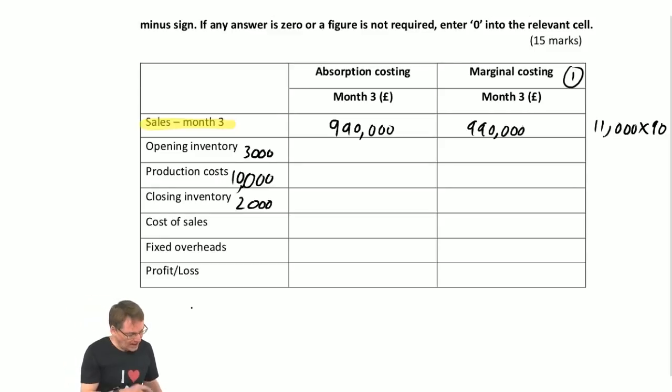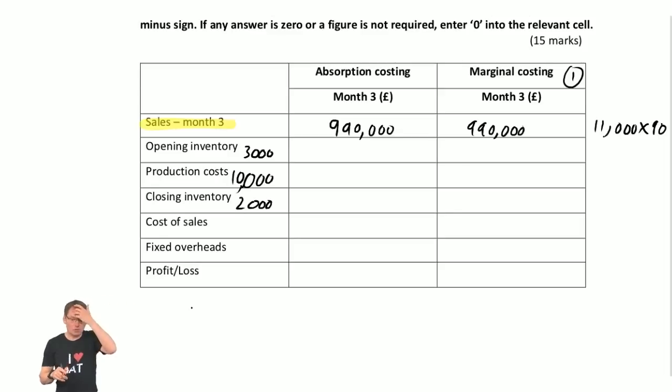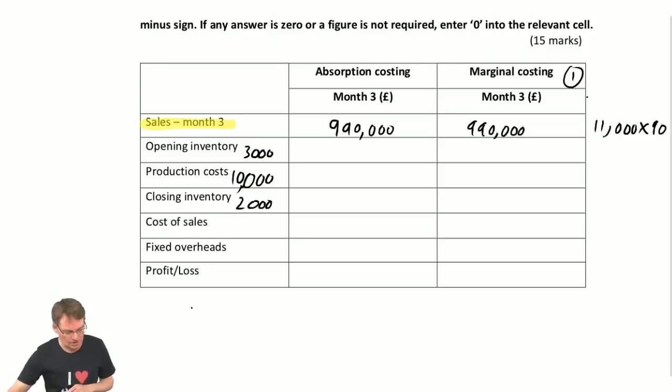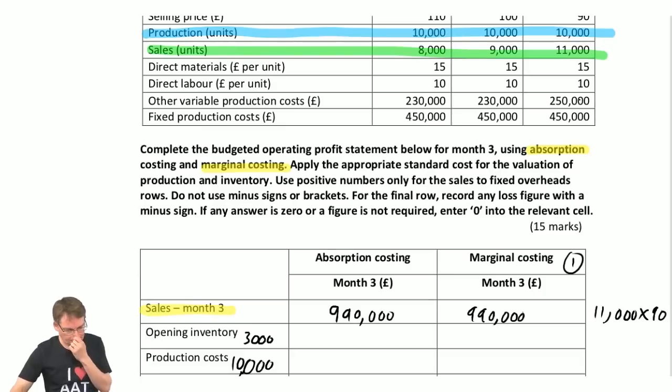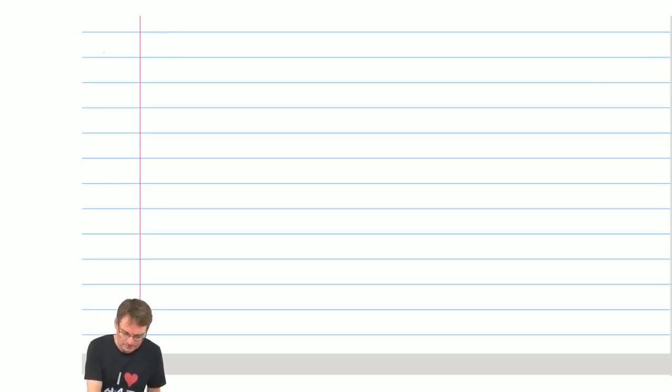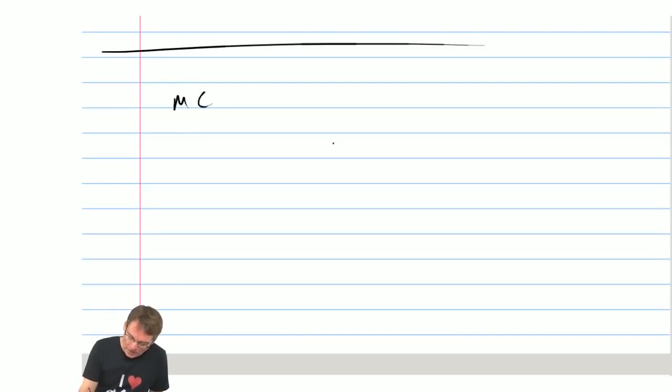We need to value our production and we need to value our closing inventory. Right, so how are we going to value it? Marginal costing says that we need to value each unit at the cost of material, the cost of labour, and the variable cost.